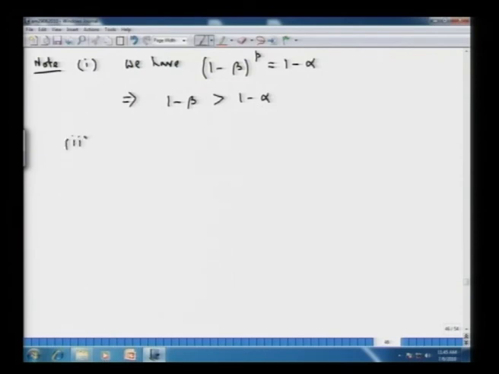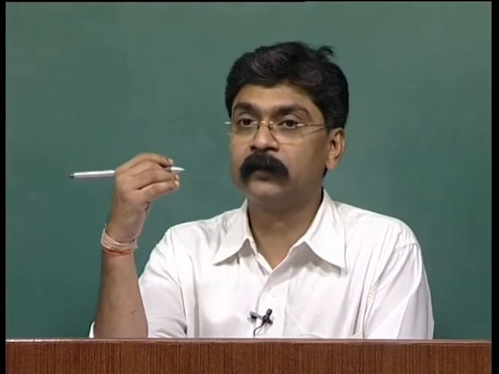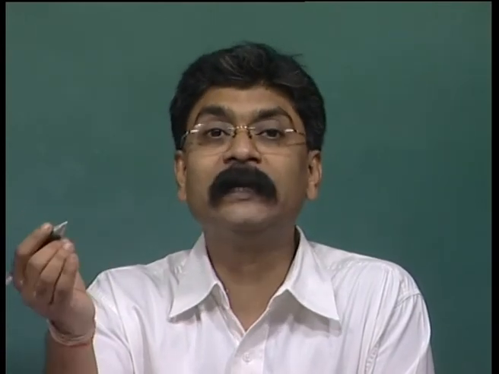Number 2 is an important thing: to look at the comparison between the simultaneous confidence intervals that we are setting up for each of these p components, and the 100 into 1 minus alpha % confidence interval for a particular mu component only, right.